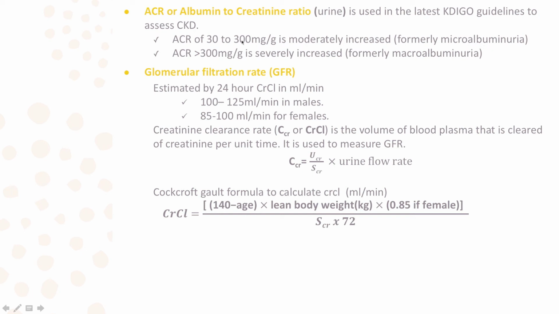If it is in this level, we say it is moderately increased. Previously it was called microalbuminuria, and the chronic kidney disease is of moderate amount. But if ACR is greater than 300 mg per gram, we say it is severely increased.